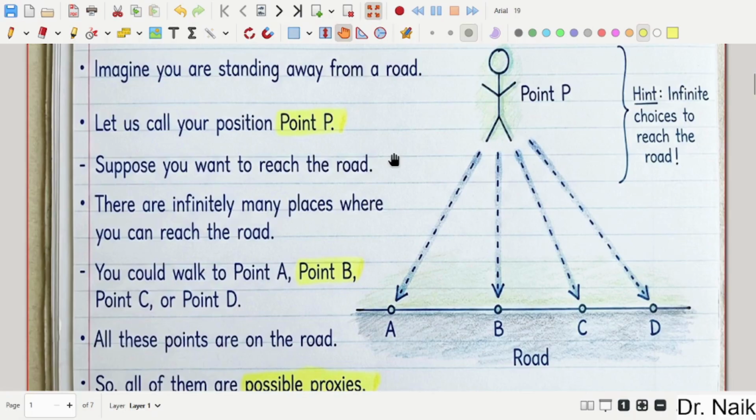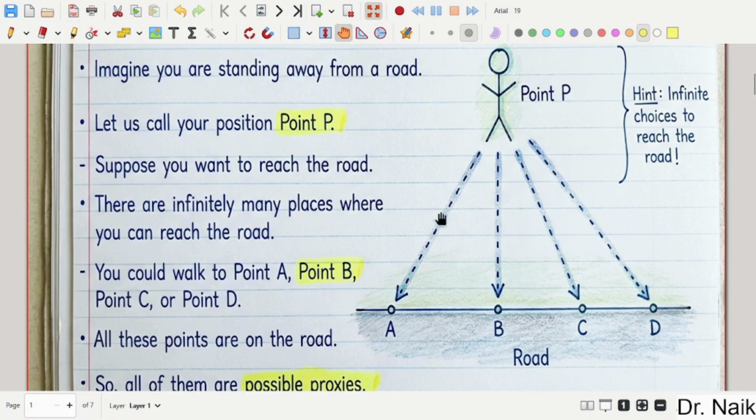Now consider an example. Imagine that you are standing away from the road. So you are standing at a point P and this is our road. You are standing away from the road. Suppose you want to reach the road. There are infinitely many places where you can reach on the road.